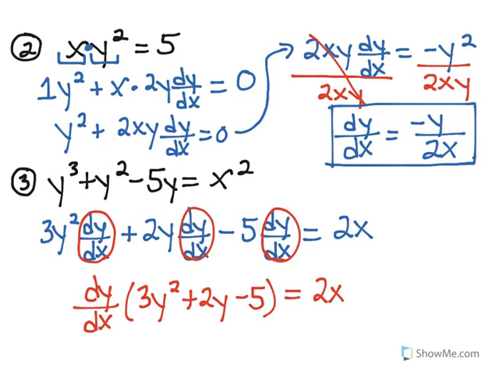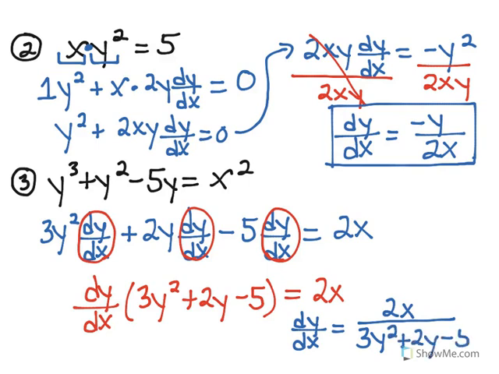Divide through by what's in the parentheses. dy/dx is equal to 2x over 3y squared plus 2y minus 5. Now the denominator is factorable, but that's not going to help me to reduce anything, so it's not worth factoring.